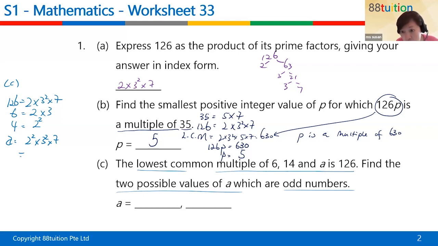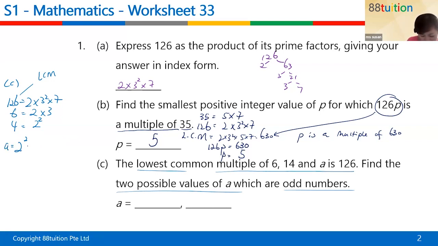So with our lowest common multiple, we know that this is 2 to the power of 2. It's a common one. So A could be like that.